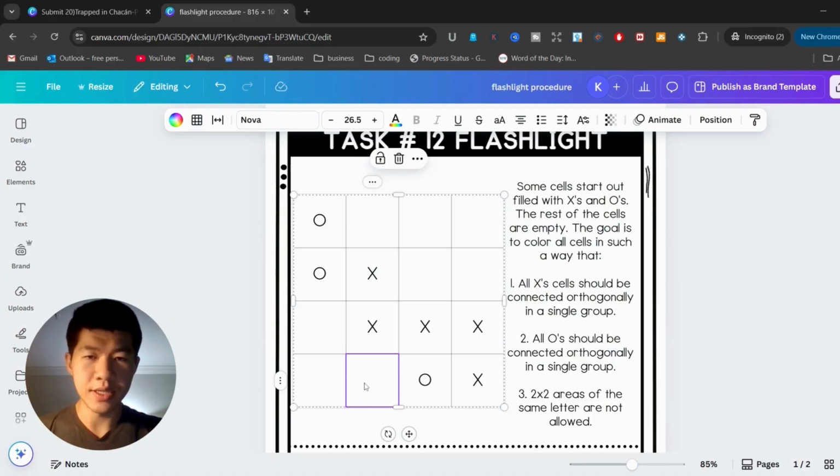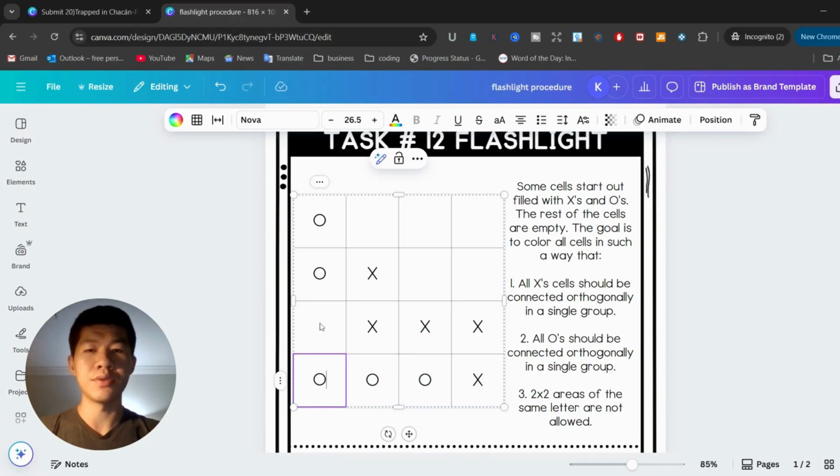So let's say here, for example, I could also fill this out with an O, because if I fill this out with an X, now this O is isolated by itself, and that cannot be the case. All the O's and X's have to be connected in a single group. So this would have to be an O. Same thing with this.